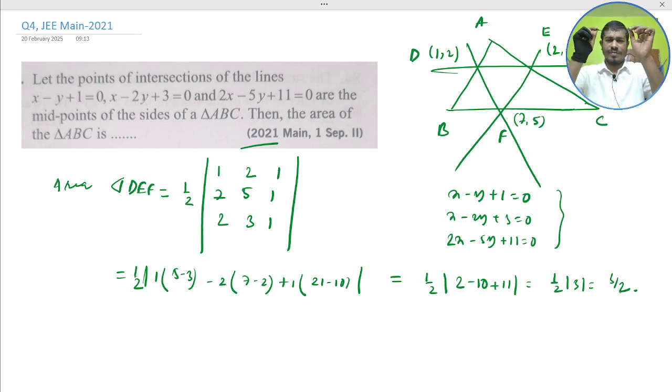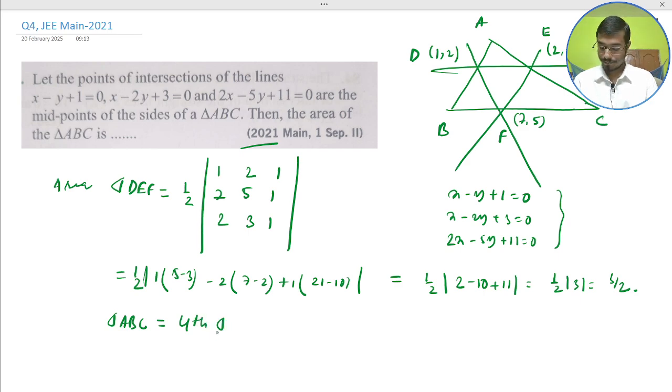Now the area of ABC is equal to one fourth of the area of DEF. By geometry, you should prove it.